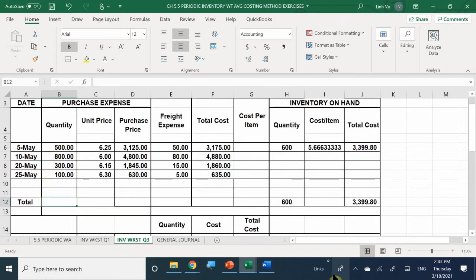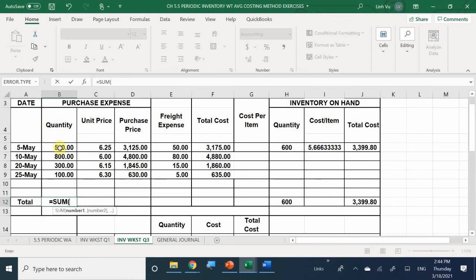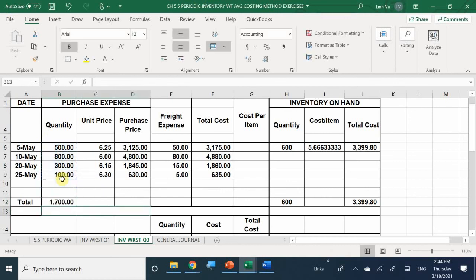What is the total quantity that I have? 1,700. And what's my total purchases? $10,400. And then freight $150. Total is going to be total cost. $10,550. Good. Excellent.